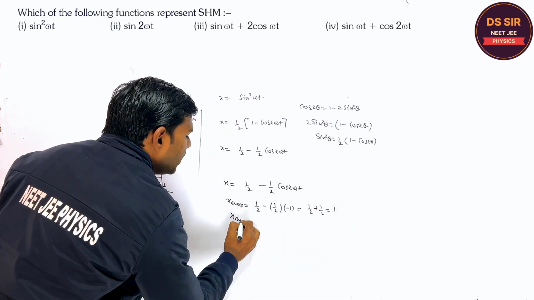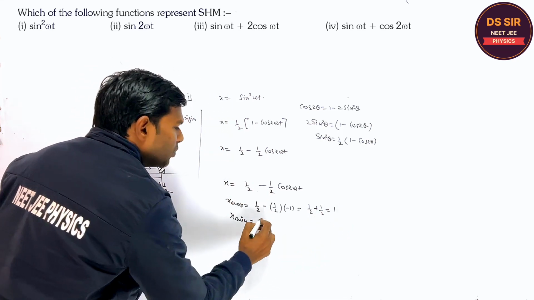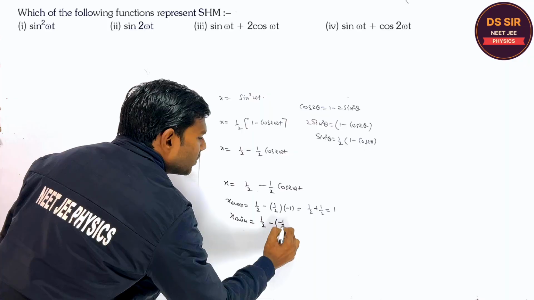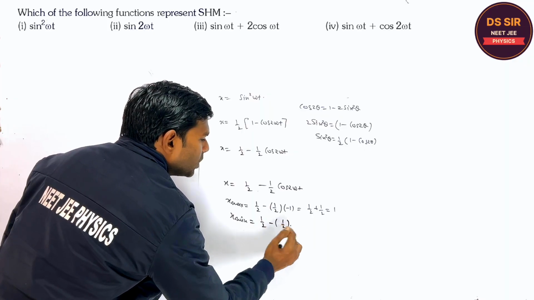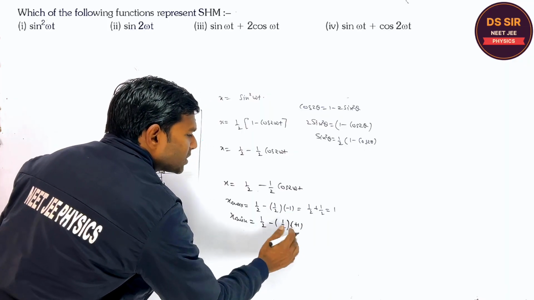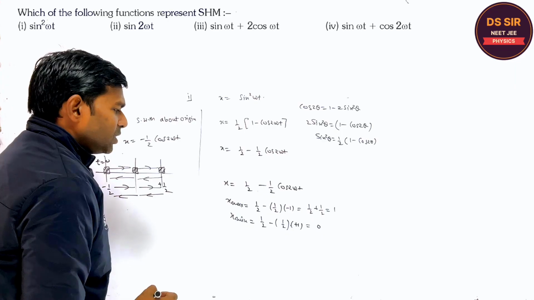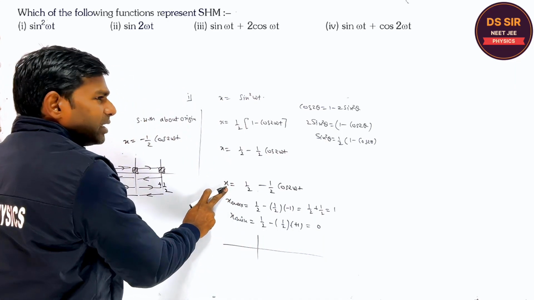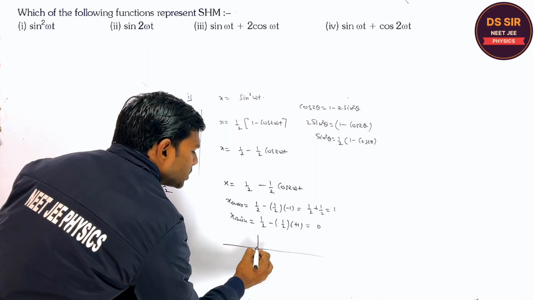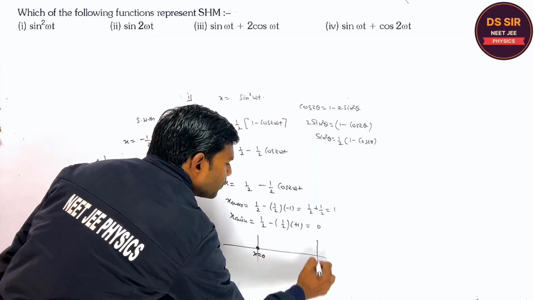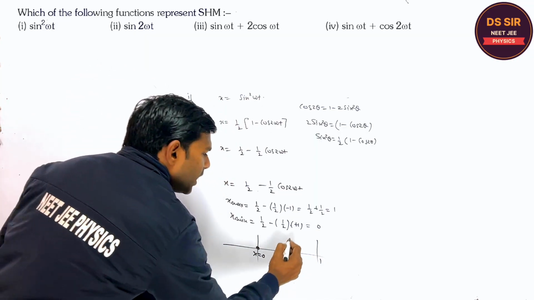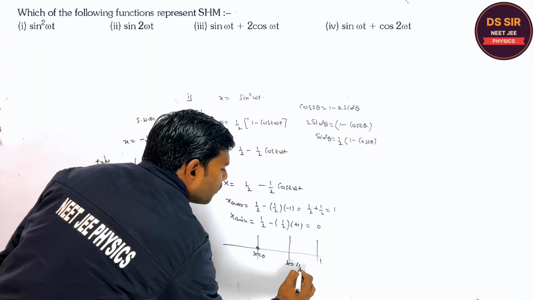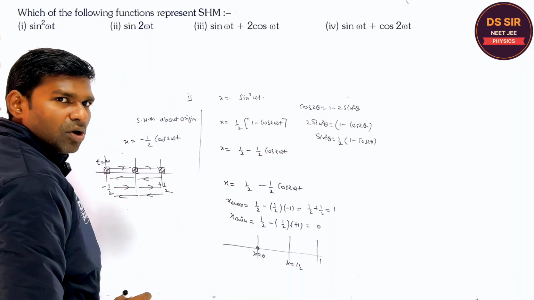And what is the minimum value, you tell? Its minimum value is 1 by 2 minus 1 by 2, when cos is plus 1, so it is 0. So it means it oscillates between 0 and 1, and the mean position is 1 by 2. Is it clear or not?